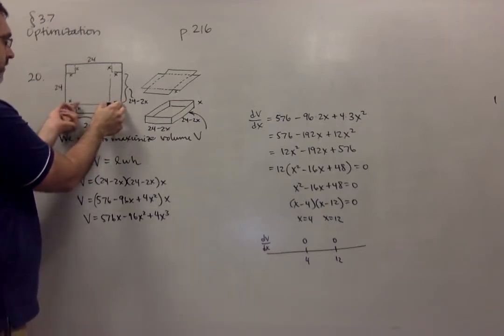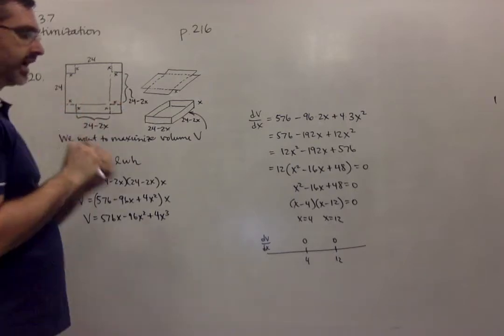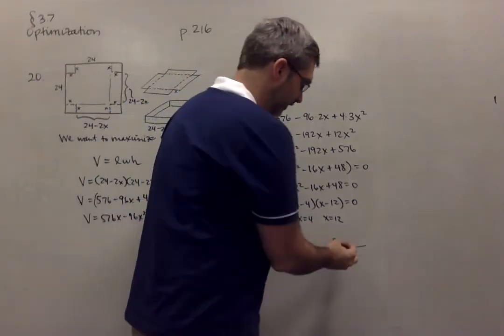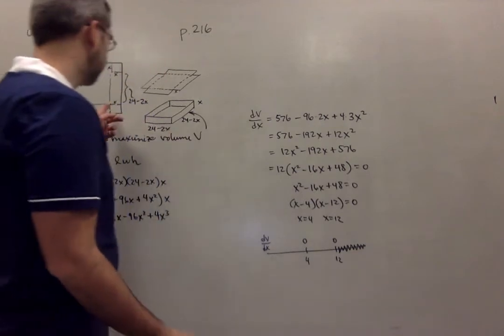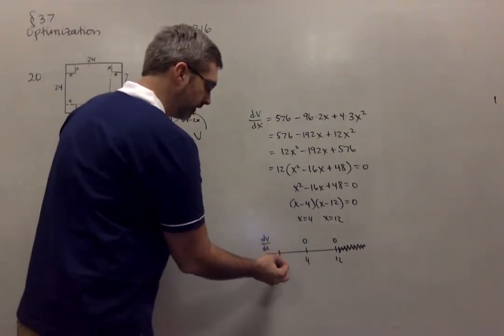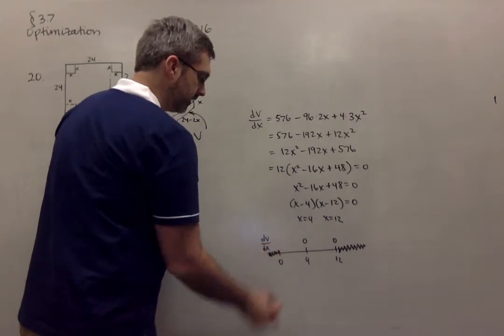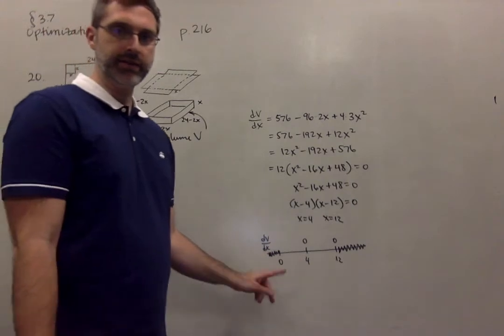But since I'm doing it on both sides, actually the biggest x can get is 12. Okay, so we're not going to have anything bigger than 12 here. The smallest x could be is 0. I could just not cut anything. So we're not going to check anything beyond 0 either. So really, these are the regions that we need to be checking.